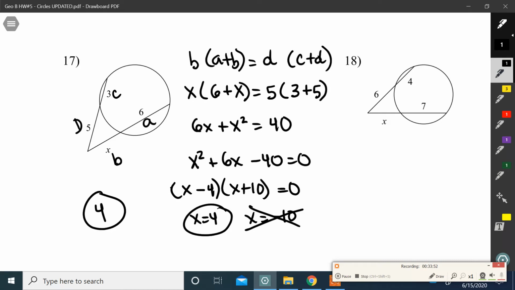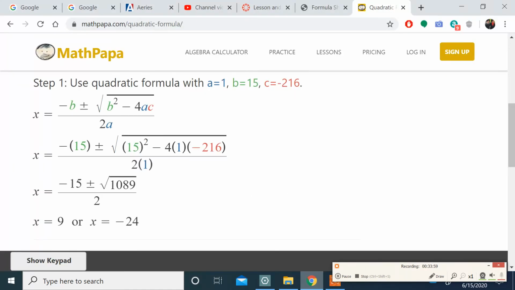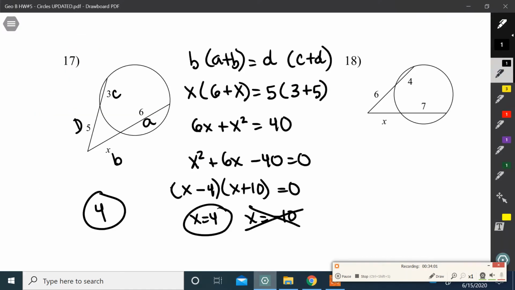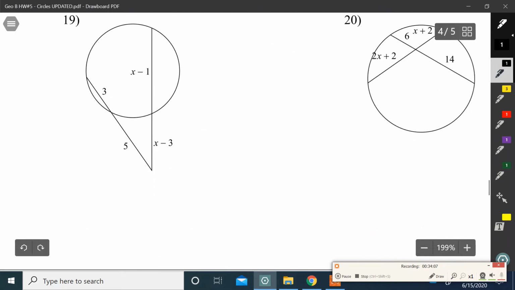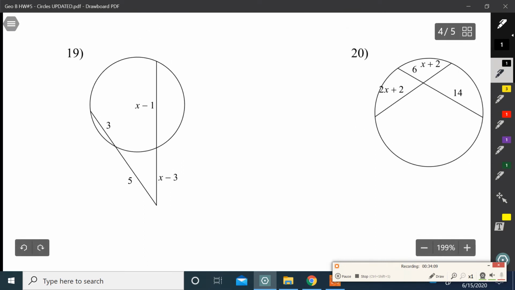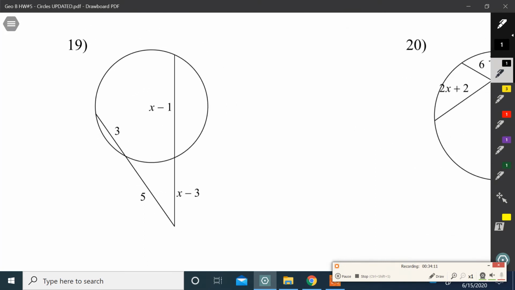Okay, so on that one, because it was easy, it would have probably taken me longer to do it on this application here, and that's not what I want. Okay, let's take a look at this one here. This one's gonna be a little bit more challenging.